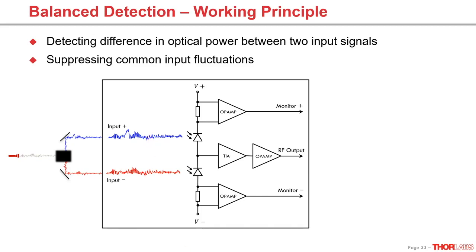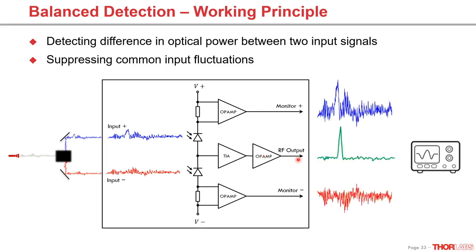With balanced detection, the photocurrents of the 2 diodes now get subtracted from one another and amplified with the following 2-stage amplifiers to the RF output.